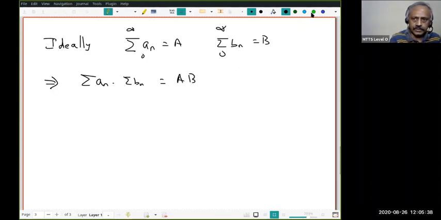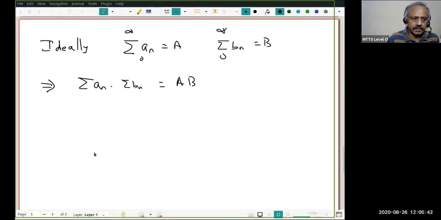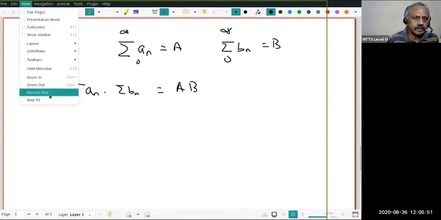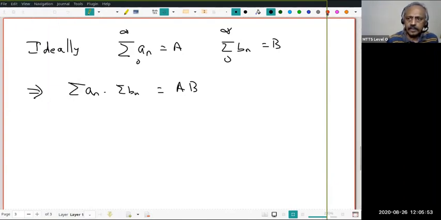Okay, there are two things. You understand that? It should be convergent and the sum should be AB. This is what we want to know. Is that okay? Right.